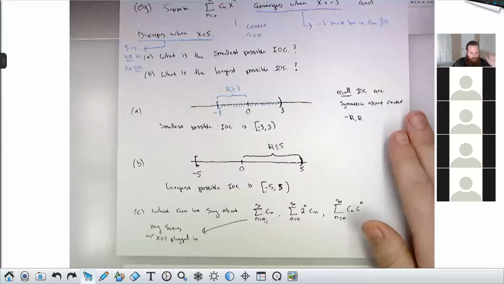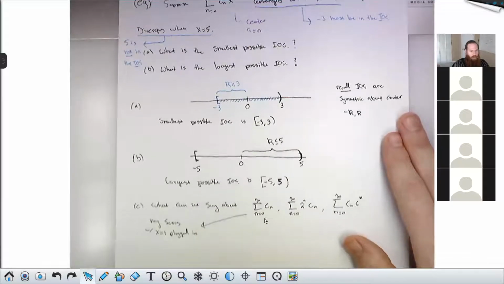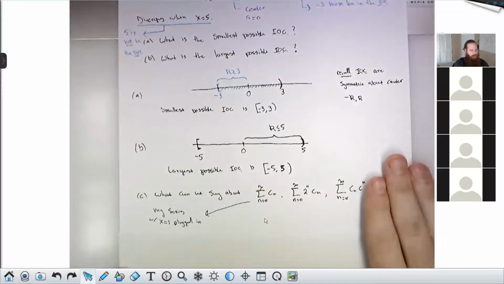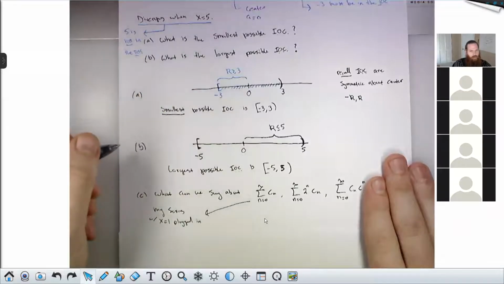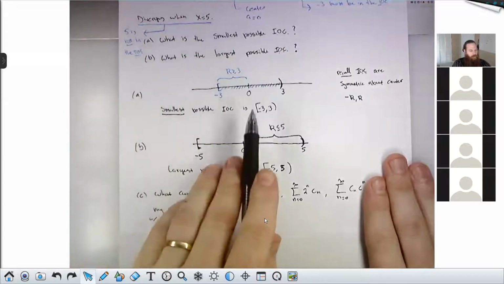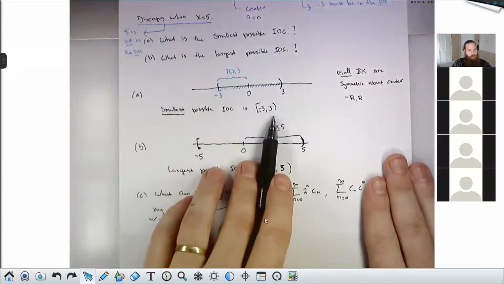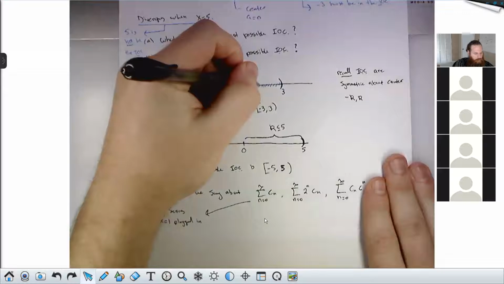Now, what do we know about plugging x equals 1 into my series? Well, if I look at the smallest possible IOC, the worst case scenario, the worst case scenario is that the interval of convergence is -3 to 3, closed on the left, open on the right. 1 is right here.